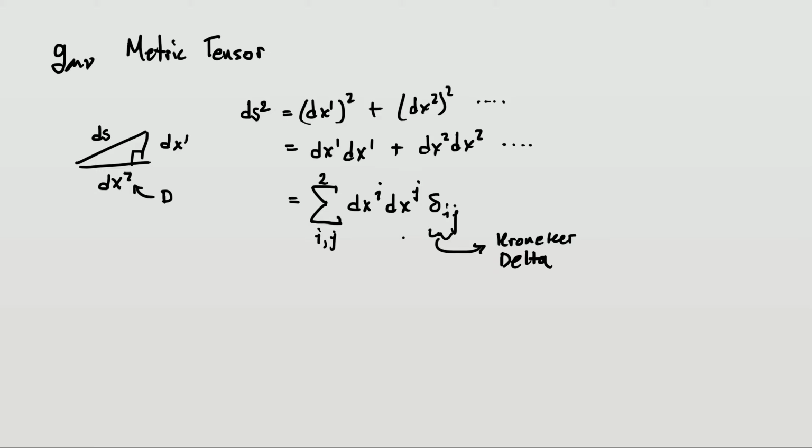The Kronecker Delta here, delta ij, is equal to 2 values: 0 and 1. It's equal to 0 if i is not equal to j, and 1 if i is equal to j.